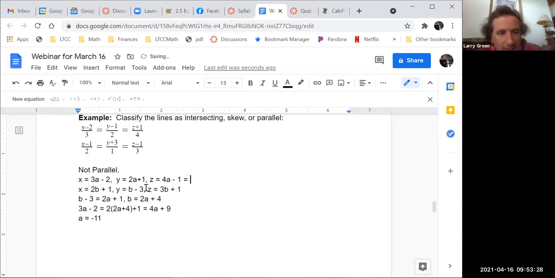Then z is equal to negative 45. And similarly, z is going to be 3 times b, plus 4. If a is negative 11, then b is negative 22 plus 4, which is negative 18.